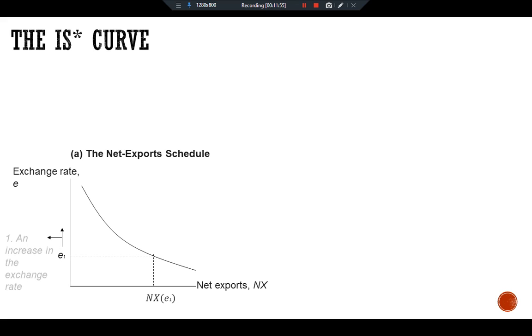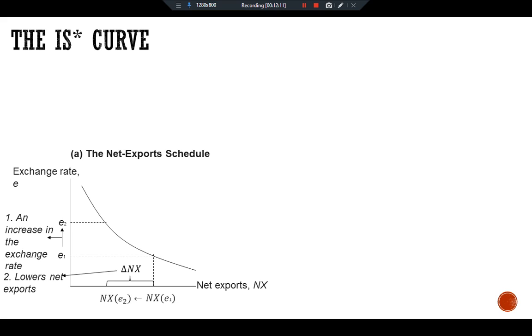An increase in the exchange rate, here from E1 to E2, will lower our net exports, a decrease from NX(E1) to NX(E2).